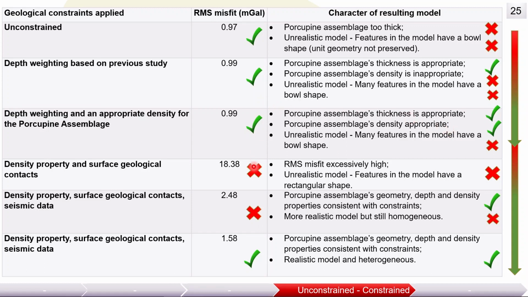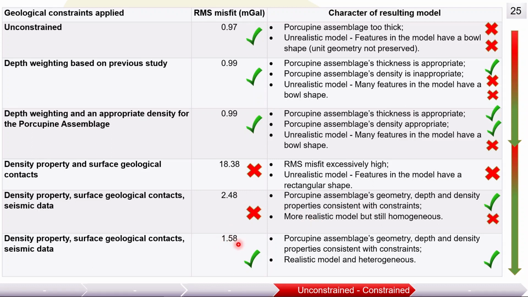But then we move to geometry inversion, and we get a really bad misfit, and geologically unrealistic. So it was bad, we improved, now it is bad again. Okay, we add density property, surface geological contacts, and seismic data. It's still not that good. Some improvement, but it's not ideal yet.